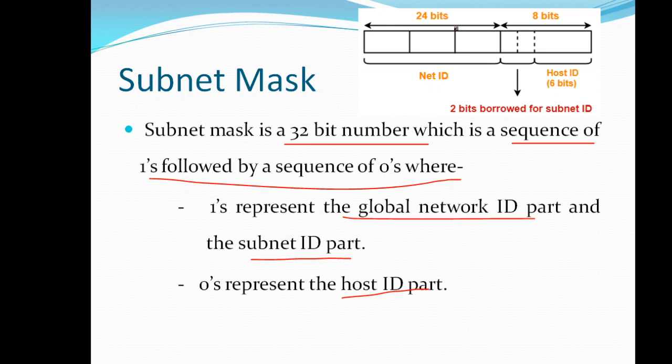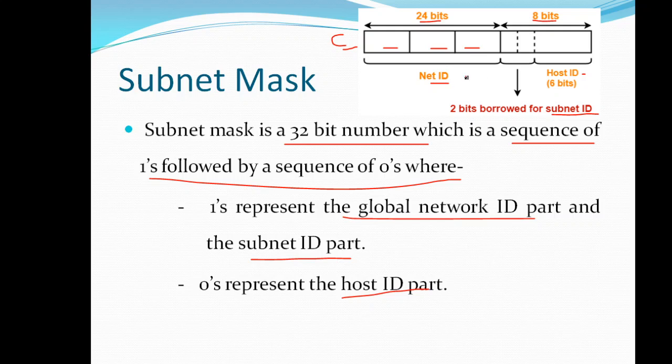For example, in this diagram, this is a class C IP address. The first three octets represent the network ID part, that is 24 bits, and the remaining 8 bits are generally reserved for host ID in class C networks. But here, 2 bits are borrowed for subnet ID and the remaining 6 bits are reserved for host ID.